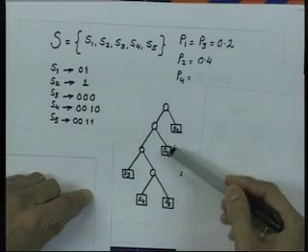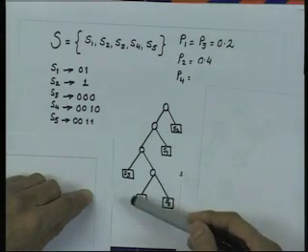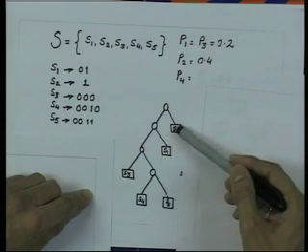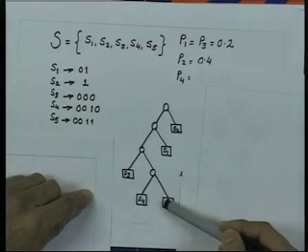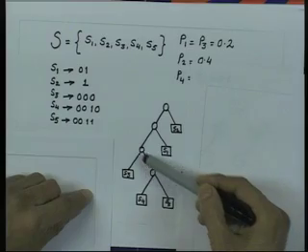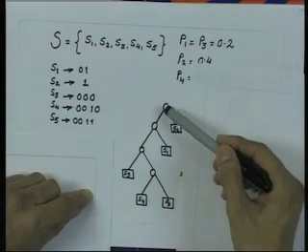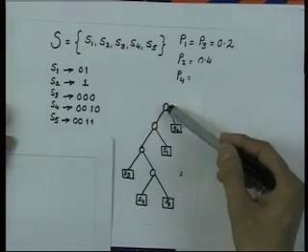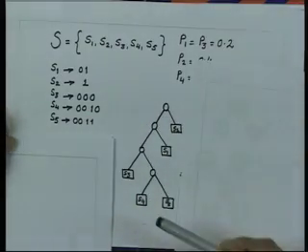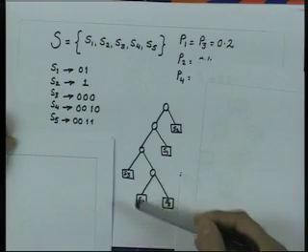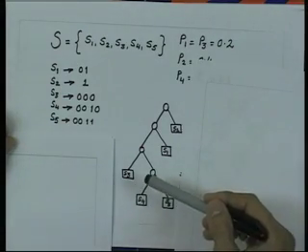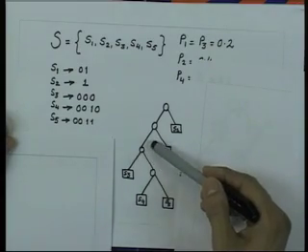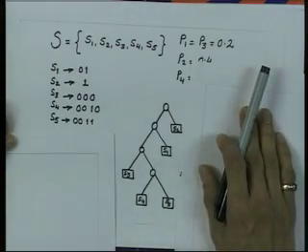We have external nodes or leaves for the symbols S1, S2, S3, S4, S5. These are the internal nodes and this is the root node. Now, if the alphabet size is m, then there will be 2m minus 1 nodes including internal and external nodes.